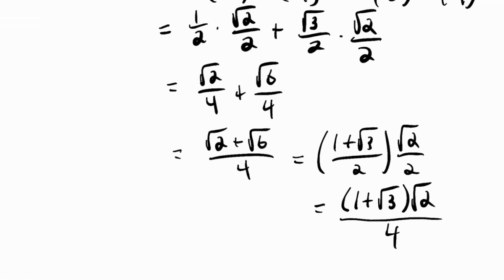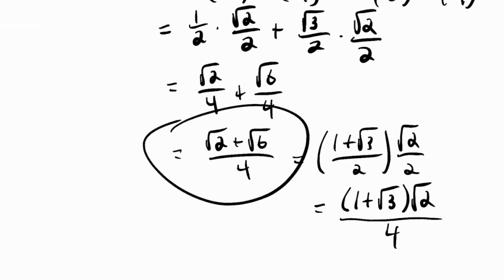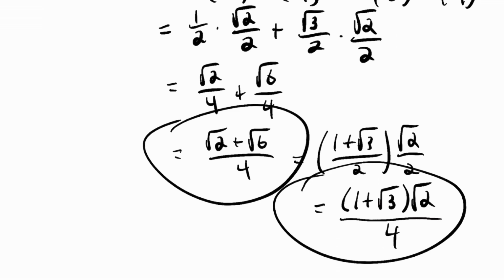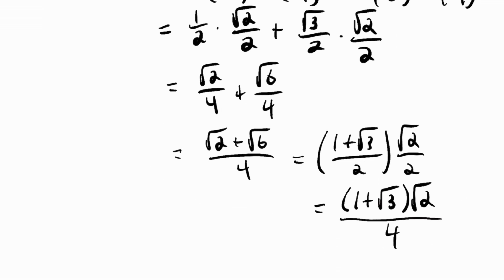Those are two different ways to write the result. To me, this is fine, although this other way is, nothing wrong with it. It's just a different way of writing it. So there's the exact value of sine of 5 pi over 12.